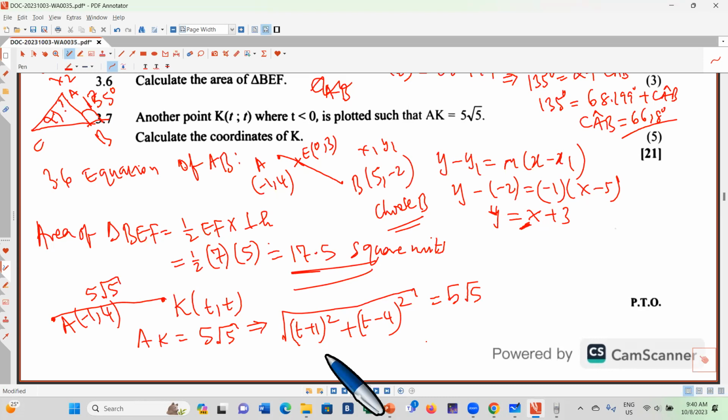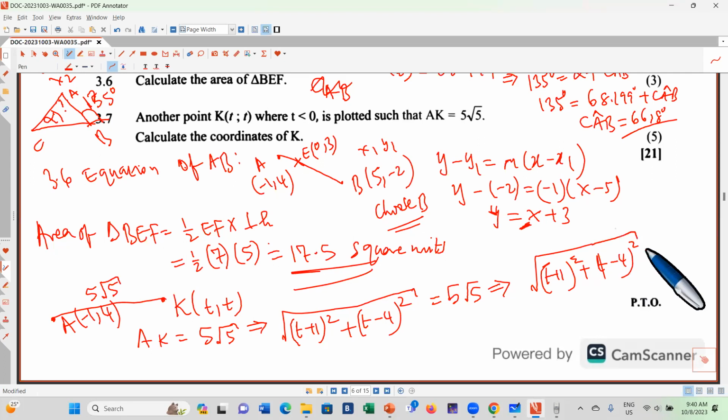You can square both sides of the equation, which means you have t plus 1 squared, plus t minus 4 squared, which equals 5 square root of 5 squared.